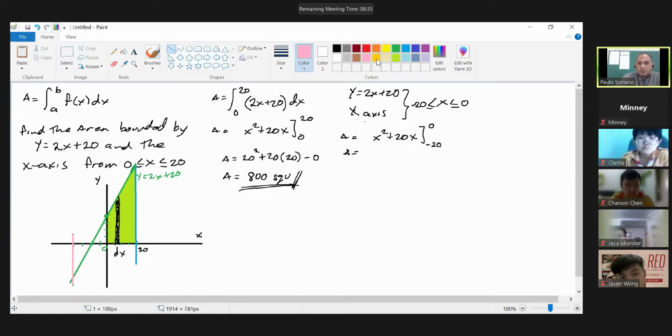The one that we are trying to look for is this. Let's use the pink. From here, so that's the area. Clear? That is now bounded by the x-axis and the function. So going up, what's the area? What do you get?